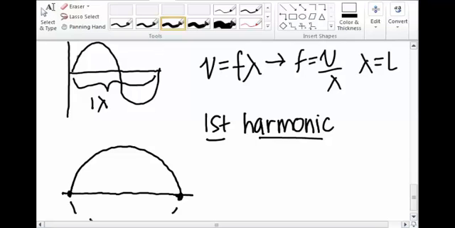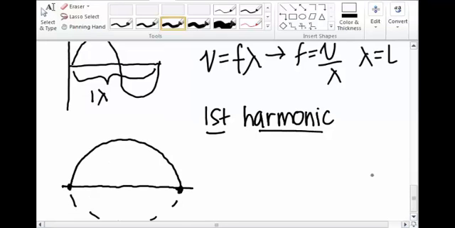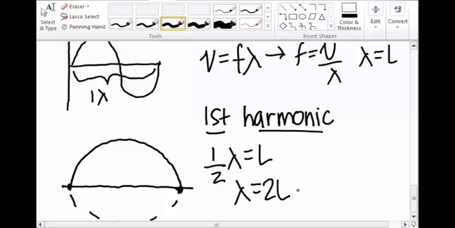Half, yeah. So if this is a whole wavelength, this down here would be half of a wavelength. So then maybe wavelength is equal to 2L, yeah? And if I put it into my frequency equation, I would get V over 2L.